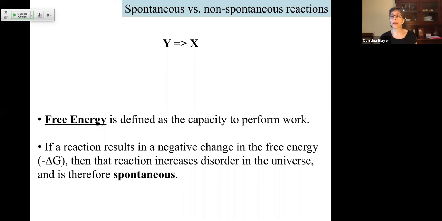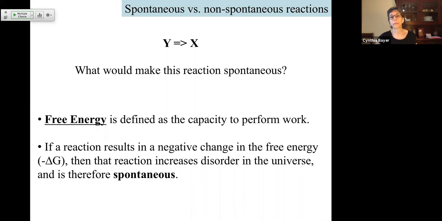X would have to have lower free energy, right? To make this reaction a spontaneous reaction, X would have to have less free energy than Y. Free energy is the amount of energy that can perform work, that can do something in the cell.